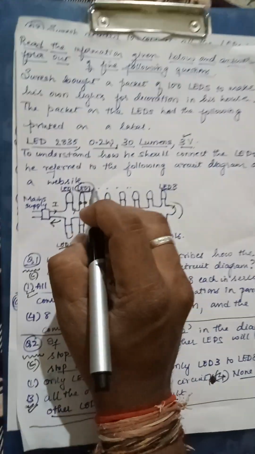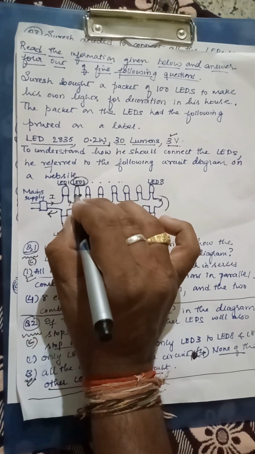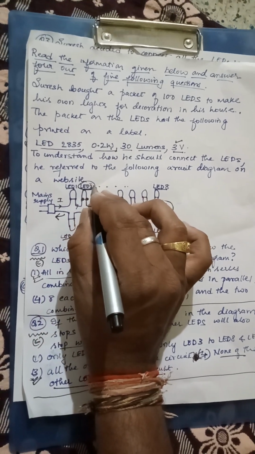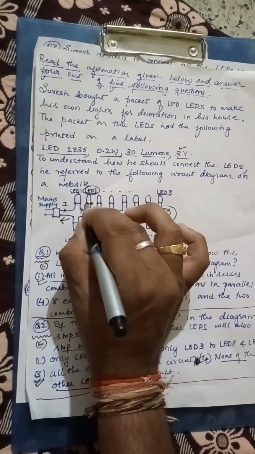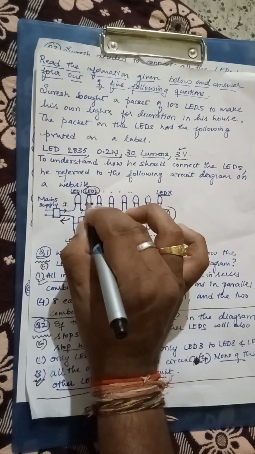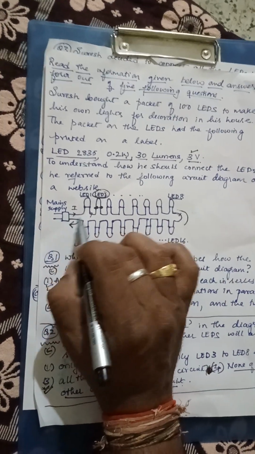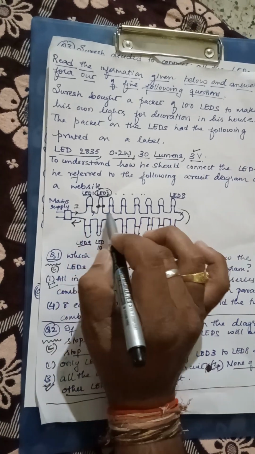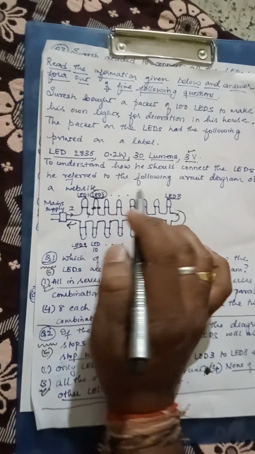We know that all these LEDs are connected in series, and because of this damaged LED2, this is like an open circuit here. We know that current flows only in a closed path, and because LED2 is not working, the path through which current is supposed to flow is not a closed path, it's an open path.